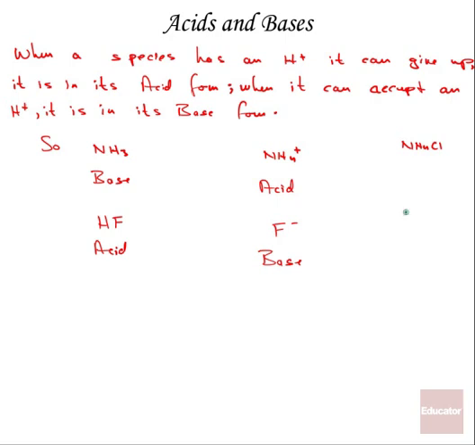So for example, if I had a sodium fluoride salt, and if I took that sodium fluoride and dropped it in solution, now what I have floating around in solution is a bunch of sodium ions and fluoride ion. Well, F minus doesn't have an H to give up. However, this F minus is going to end up reacting with the water in solution.